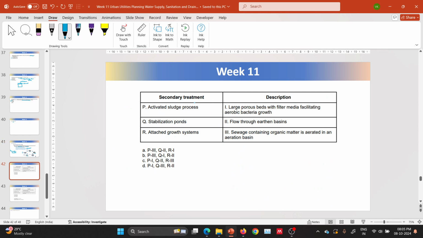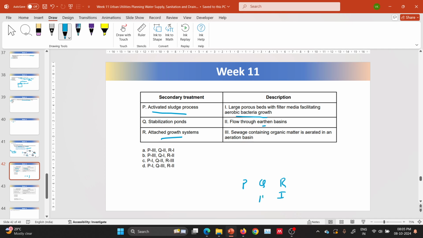So this is a question for match the following. Activated sludge process. Large porous bed with filter media facilitating aerobic bacteria growth, that is attached growth system. So R is first. Flow through earthen basin, that is stabilization pond.